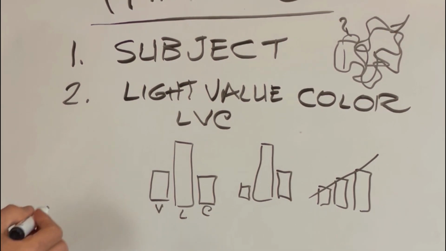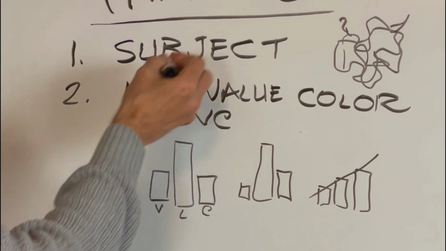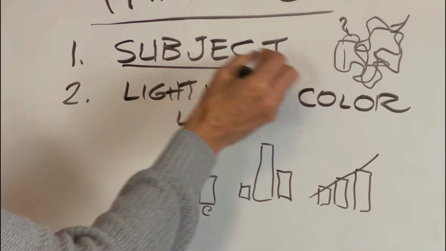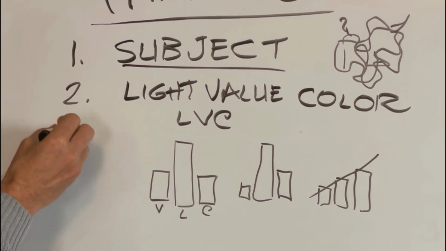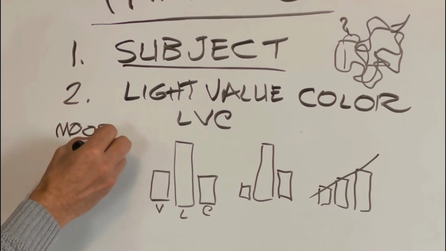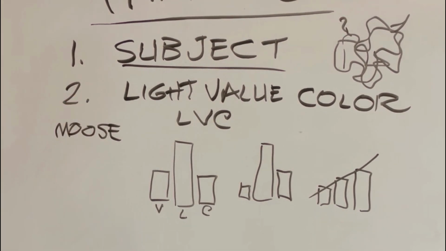So when you're working on the painting, if you begin a painting and say, for example, you've hit upon the subject and you want to paint a moose, just for the heck of it, it's the first thing that popped in my head. And what do you want that to be about? Light, value, or color? Well, the light, if you want to have a moose in a situation where the light is on the moose or the light is around the moose and that's the primary effect, then that's a direction you can go in.